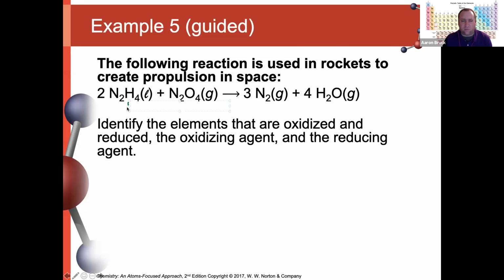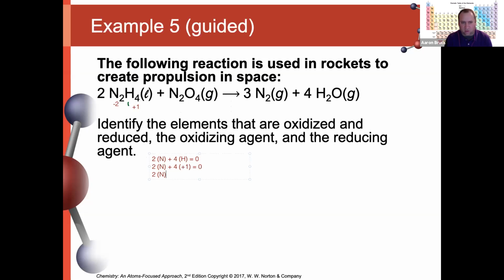So hydrogen's +1. The nitrogen would have to be -2 to contrast that. Again, the way you can set it up is 2 nitrogens plus 4 hydrogens is equal to the total charge of 0. We don't know what nitrogen is, but we know that each hydrogen is +1.